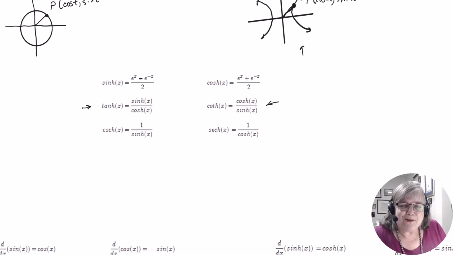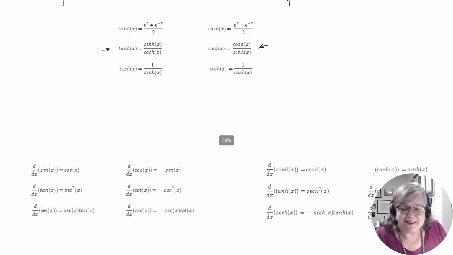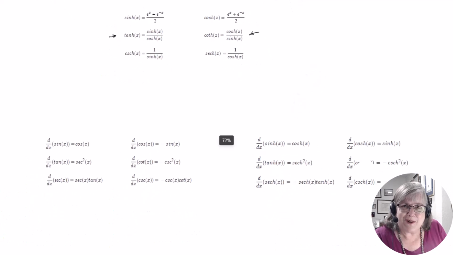And you know that cosecant was 1 over sine x, and hyperbolic cosecant is 1 over hyperbolic sine x. It's kind of a mouthful. All right, and hyperbolic secant of x is 1 over hyperbolic cosine of x. You just have to laugh.